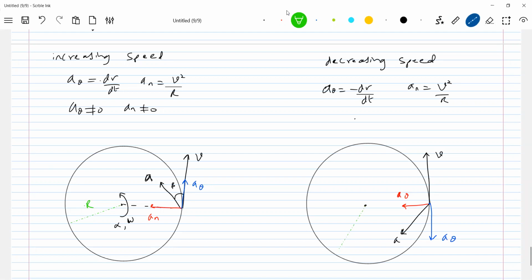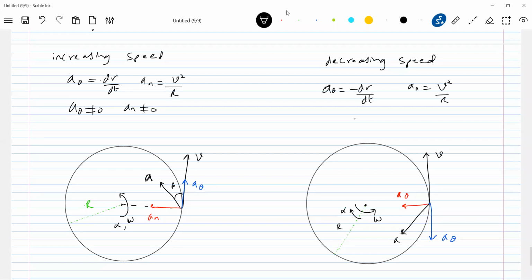Let's come to omega also. Let's see how alpha and omega will be directed here. How should omega be directed? Omega should be like this, no? How alpha? Alpha should be in the opposite sense. Why? Because of retardation, no? Omega decreases.